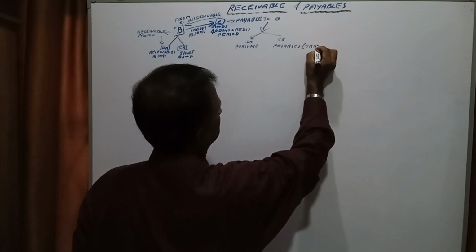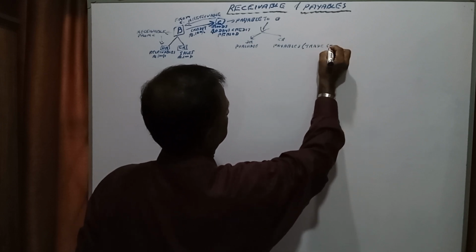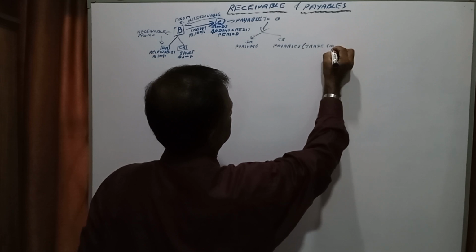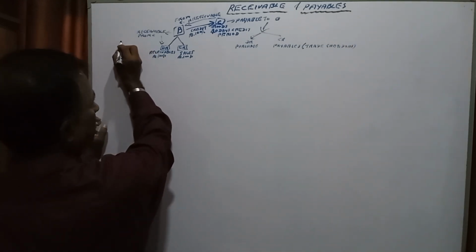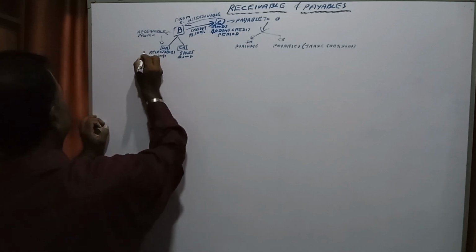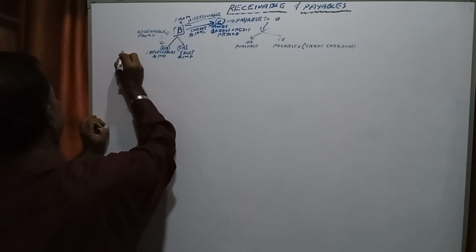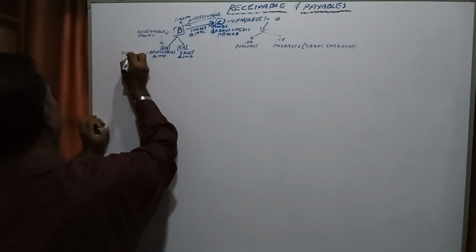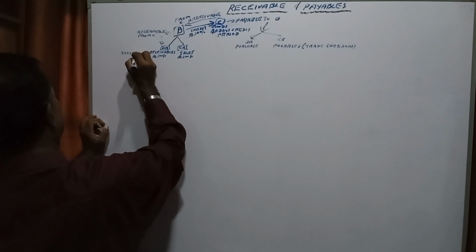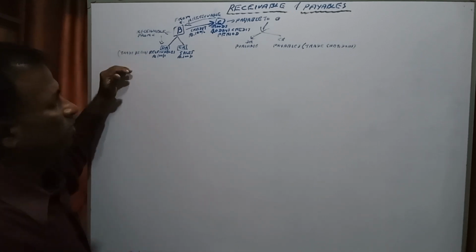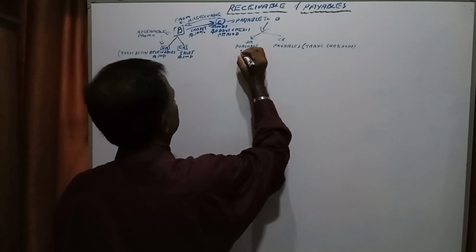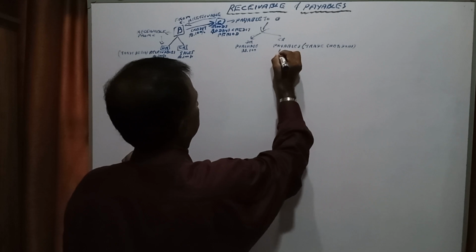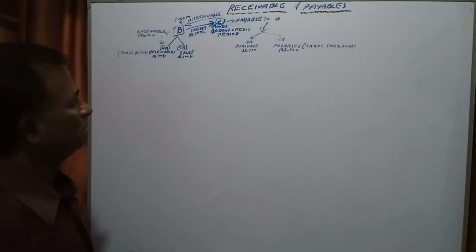These receivables are called trade debtors. The amount is 100 rupees. Okay, this is the double entry.